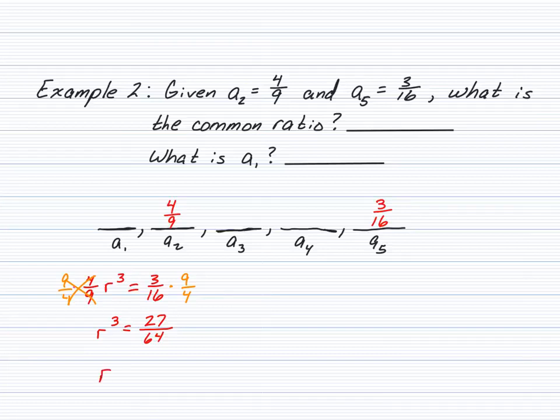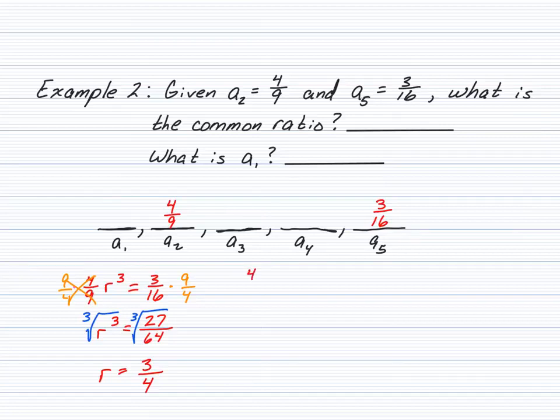All right, so our next step is to get rid of the cube by taking a cube root of both sides. The cube root of r cubed is just our r. The cube root of 27 is 3. And the cube root of 64 is 4. So that gives us our common ratio of 3/4.